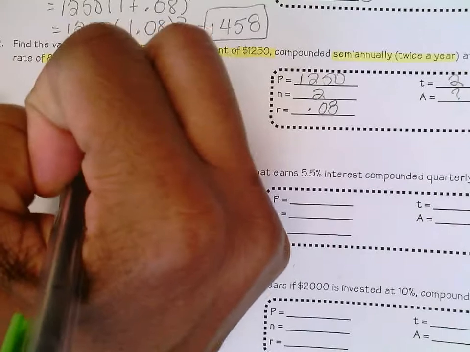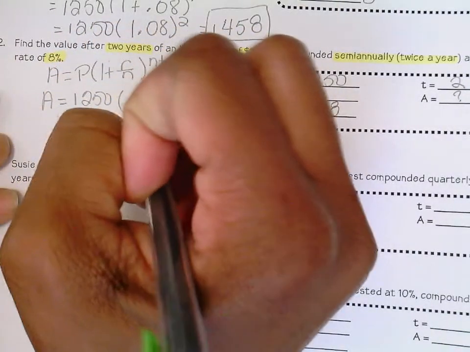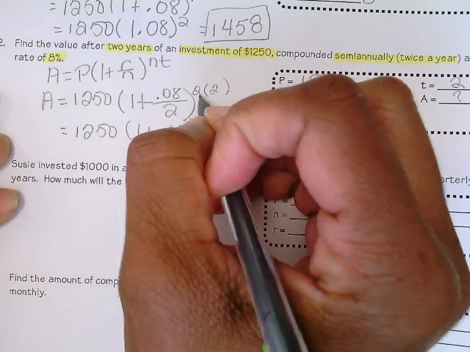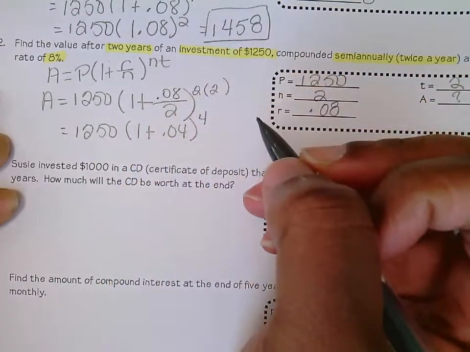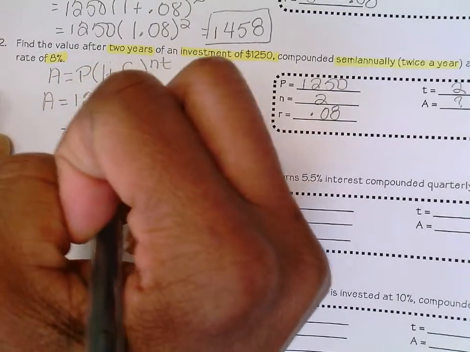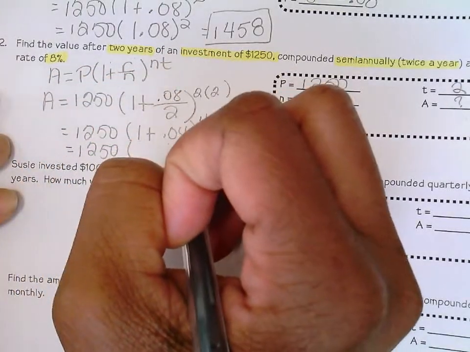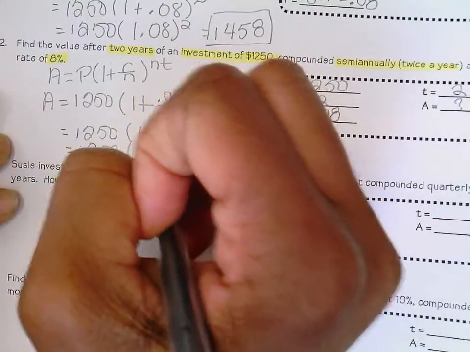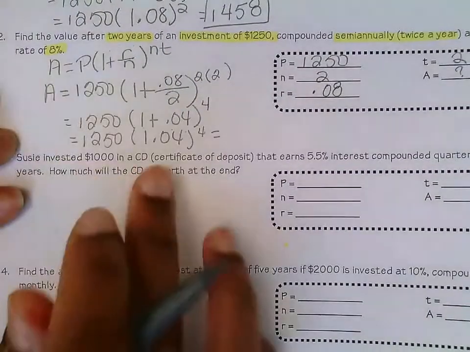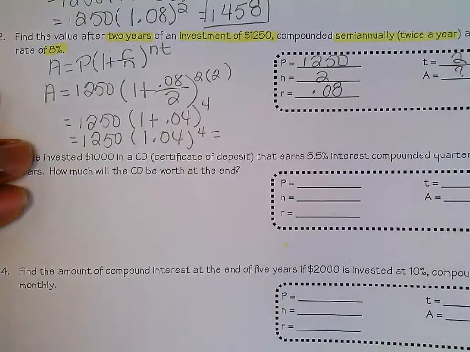So I have 1250 times 1 plus 0.04 because I simplified that first. Then 2 times 2 I know is 4. Go ahead and add this together. 1 plus 0.04 would give me 1.04 to the 4th power. And now I want to take all of this and place that in the calculator.